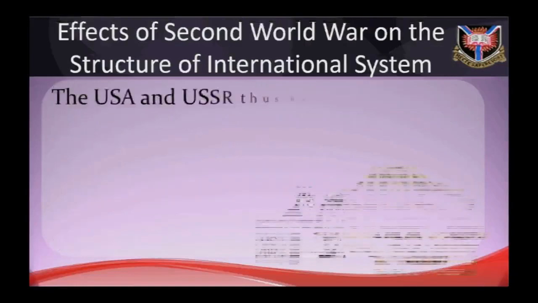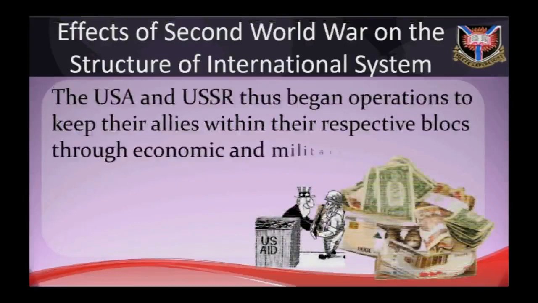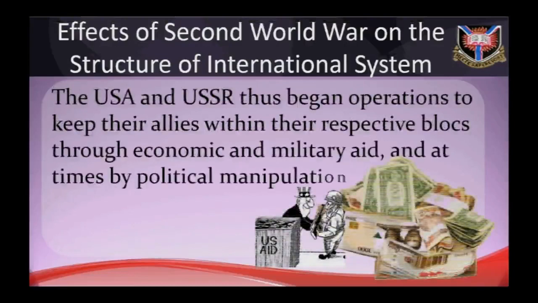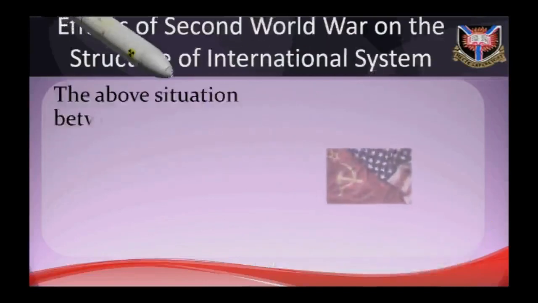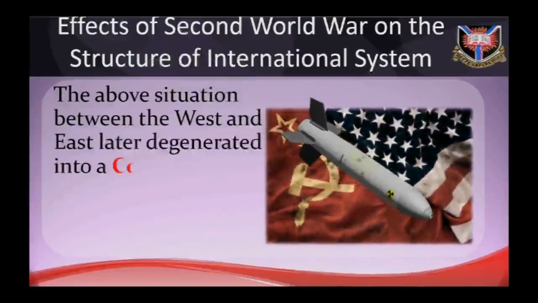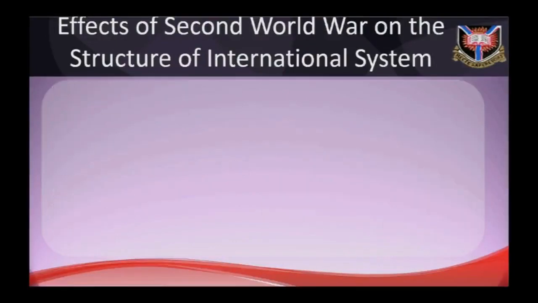The USA and USSR thus began operations to keep their allies within their respective blocs through economic and military aid, and at times by political manipulation. The above situation between the East and the West later degenerated into a Cold War and nuclear arms race between the USA and the USSR.